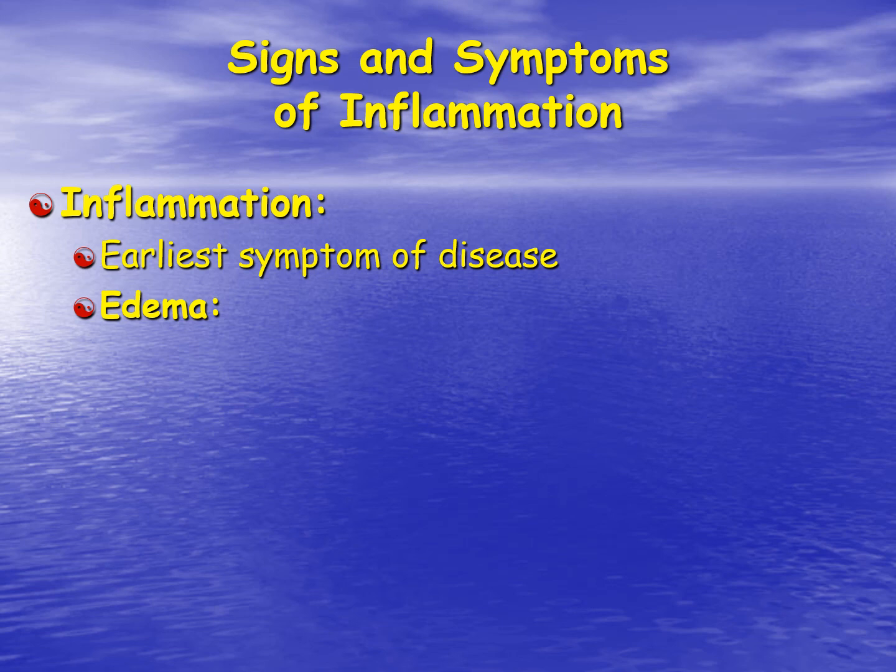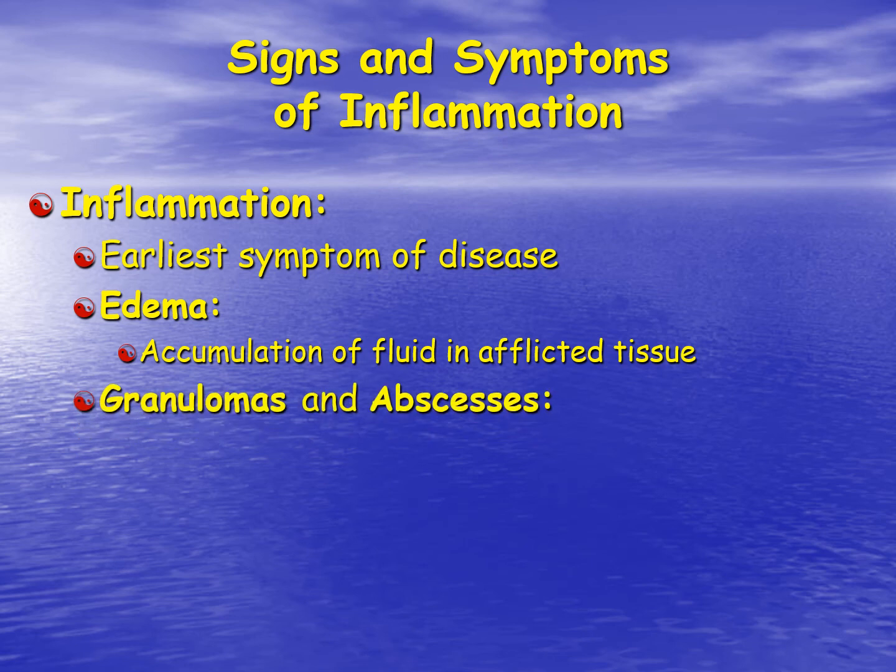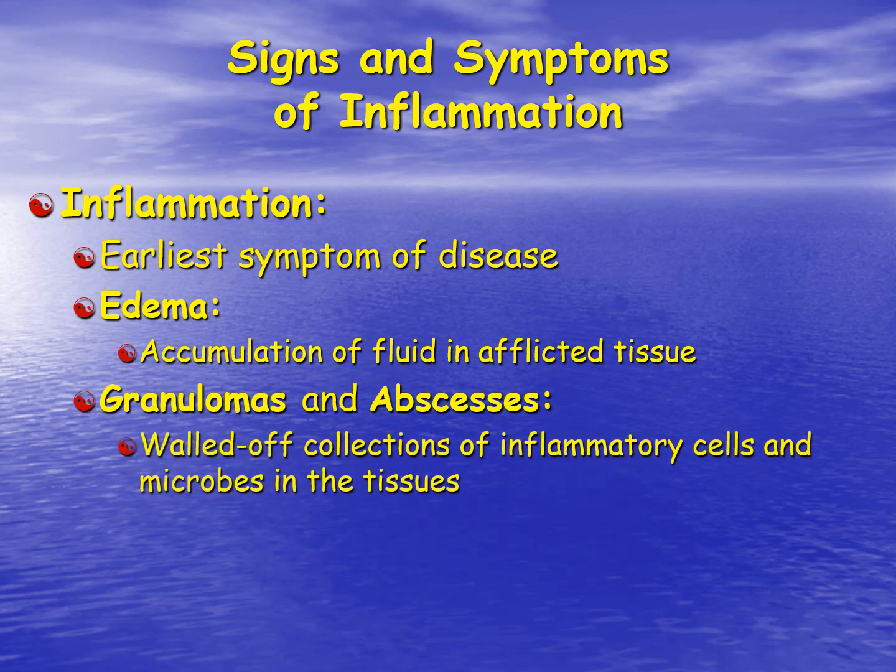It will result in edema, which is an accumulation of fluids in the afflicted tissue. Sometimes, if this becomes chronic, it can result in the formation of granulomas and or abscesses. Granulomas are the chronic form, abscesses are the acute form, where the body tries to wall off the collection of inflammatory cells and wall off the infection from the surrounding non-infected tissue.